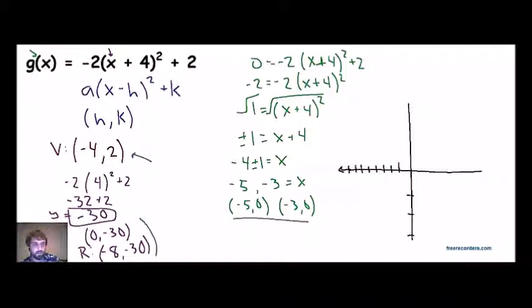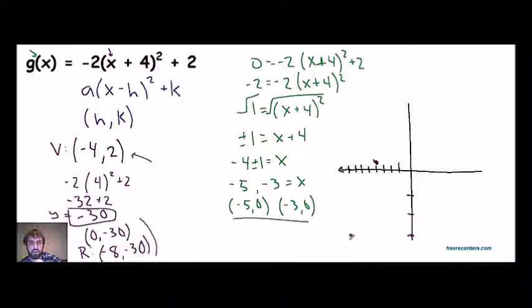So let's plot these points. Vertex, it's going to be at negative 4, positive 2. Okay, right around there. We know that the y-intercept is at 0, negative 30. Sweet. And that reflection point's over here at negative 8, negative 30. Awesome.